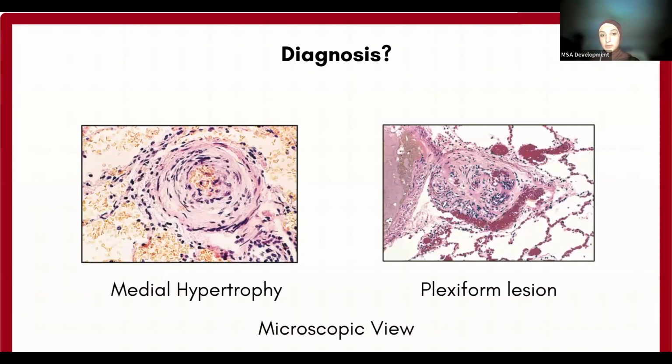Now, under pulmonary hypertension, there's chronic thromboembolic pulmonary hypertension. It presents with two main microscopic findings, medial hypertrophy and plexiform lesion. Under medial hypertrophy, from its name, there's hypertrophy of the medial layer of the pulmonary vessels. And in plexiform lesion, essentially there's proliferation.